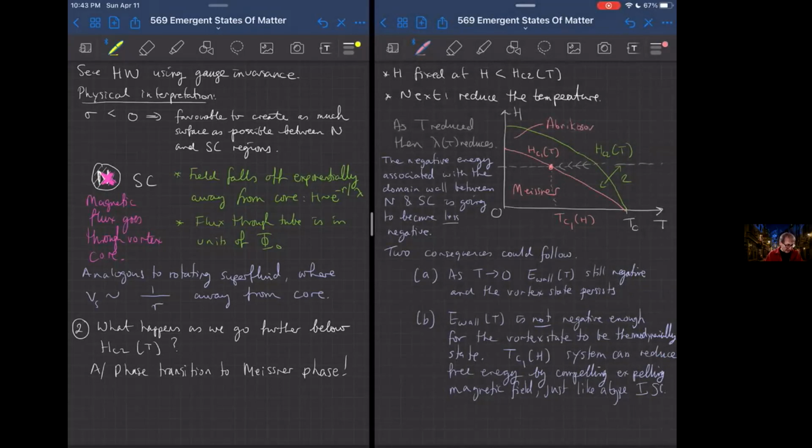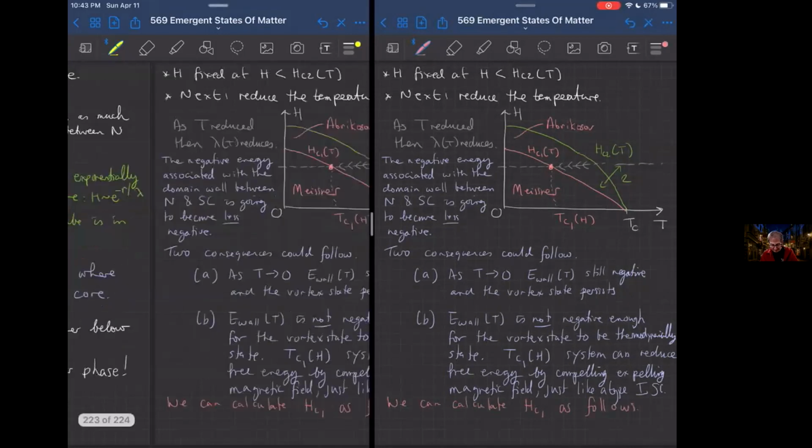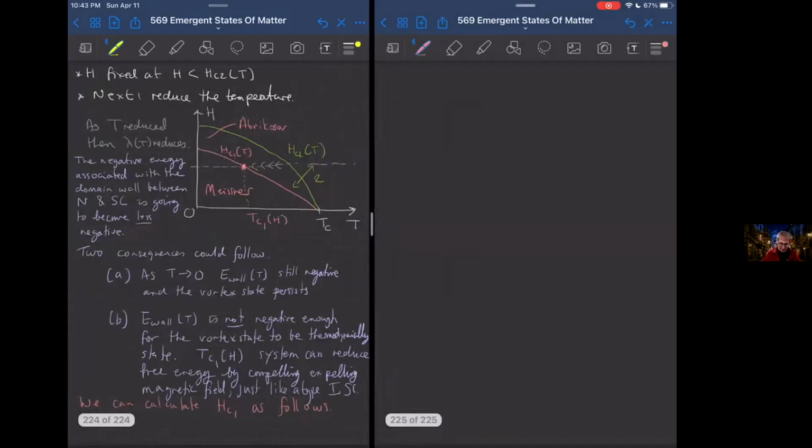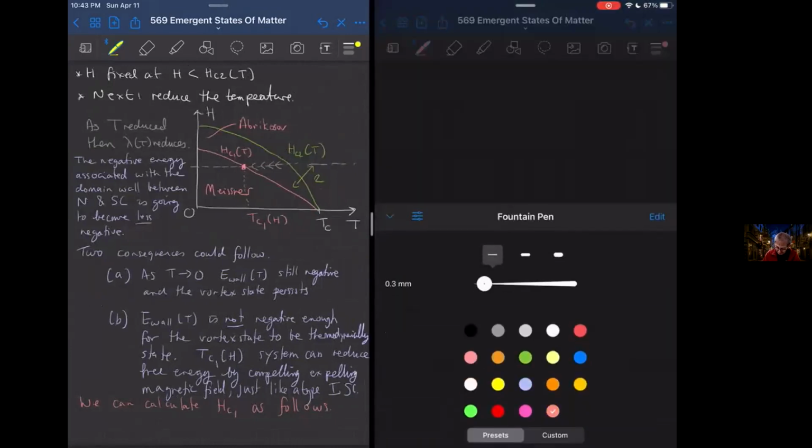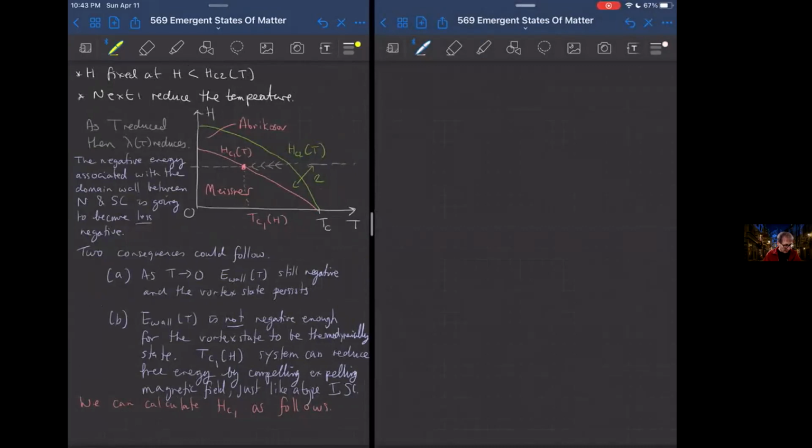And we can ask, well, what is HC1? That's what I'm going to do on the next blackboard. So how do we calculate HC1? Let's think of it like this.